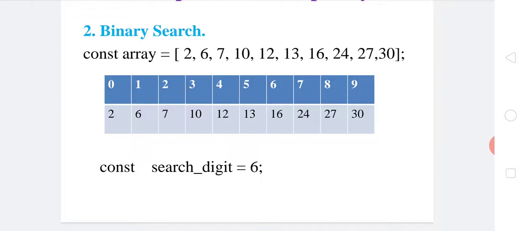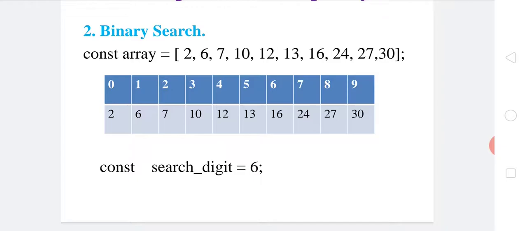Now the search number 6 is compared with the location 4 value. 6 is less than 12, so we will go to the left side of the array.